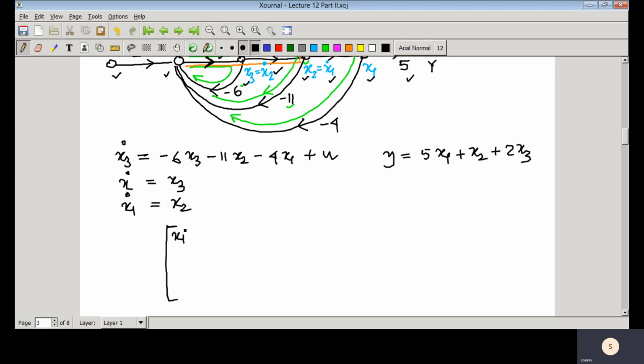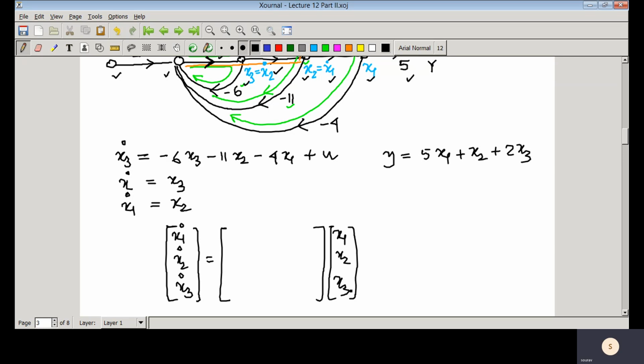Say x1 dot, x2 dot, x3 dot, you can follow any sequence as I have pointed out earlier, that is x1, x2, x3, and here you have that input matrix U.